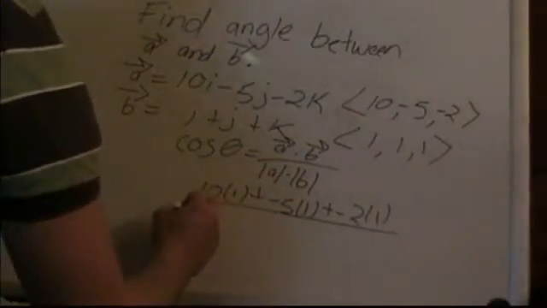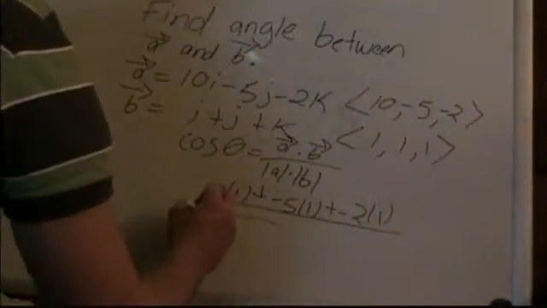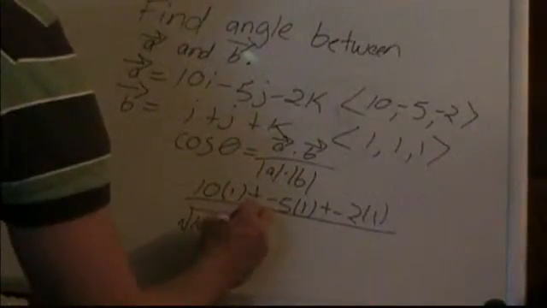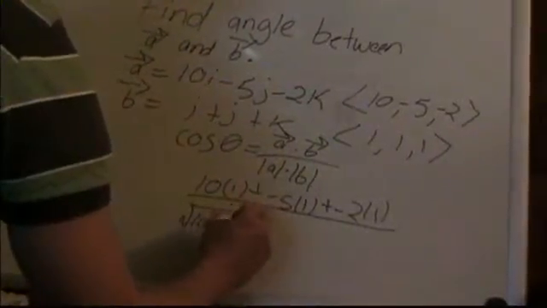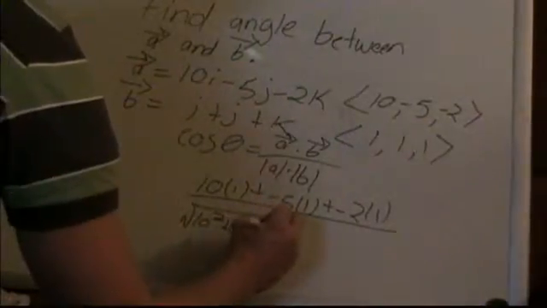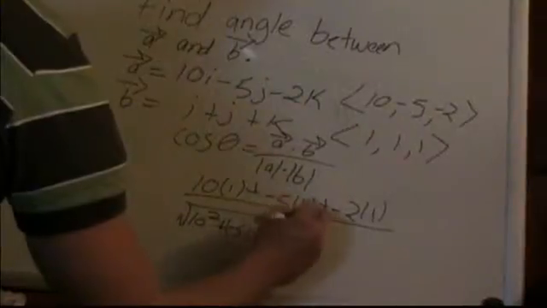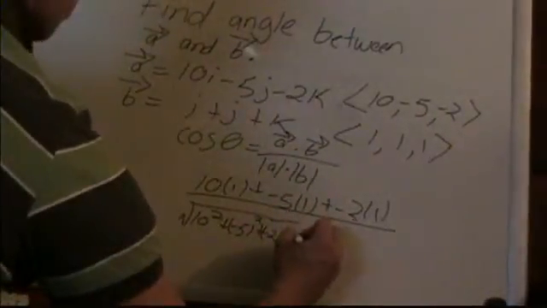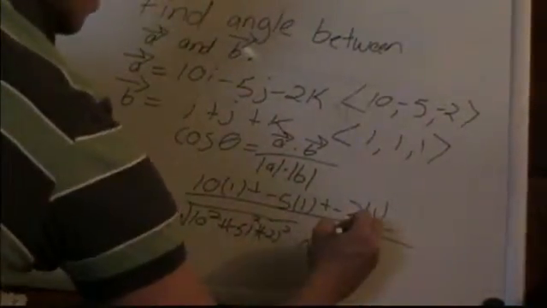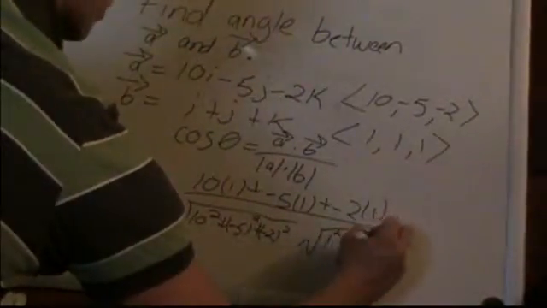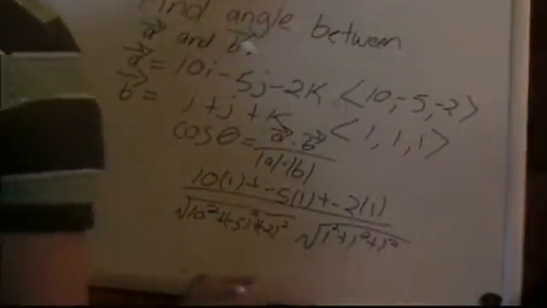So that's going to be the square root of 10 squared plus negative 5 squared plus negative 2 squared. And then that's going to be multiplied times radical 1 squared plus 1 squared plus 1 squared.